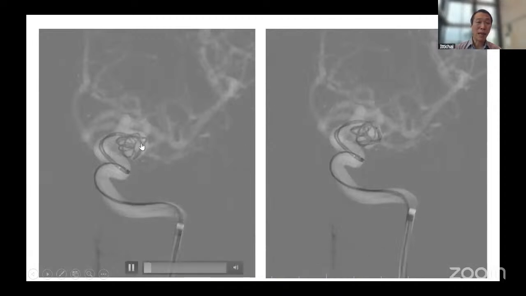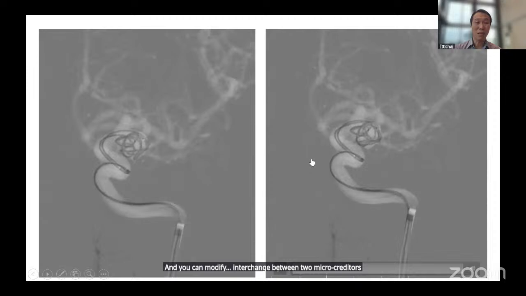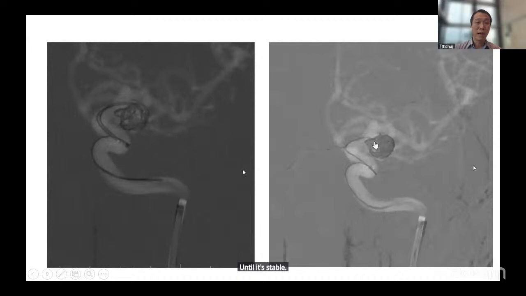And you can interchange between the two microcatheters, and you can lock the frame at that time until it's stable, and you can pack more densely in the aneurysm sac.